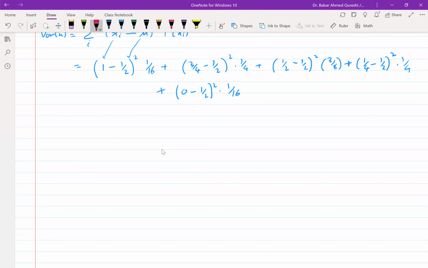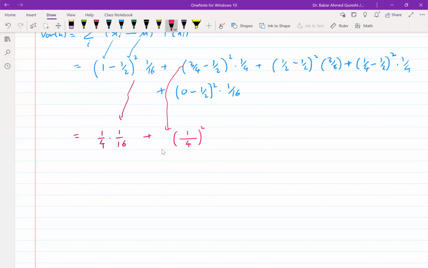So if you compute it, this is just 1 by 4 times 1 by 16. This is coming from here. Then this guy gives you 3 by 4 minus 1 by 2 square. Half I can write as 2 by 4.